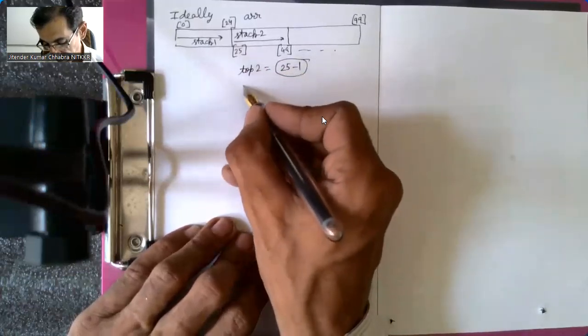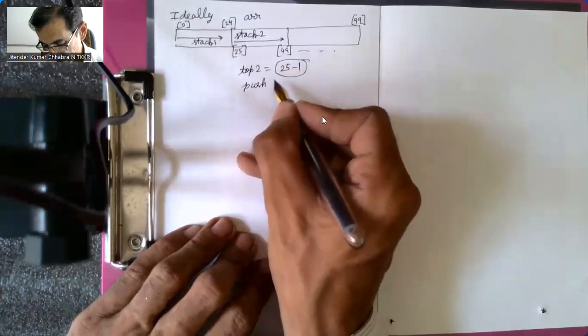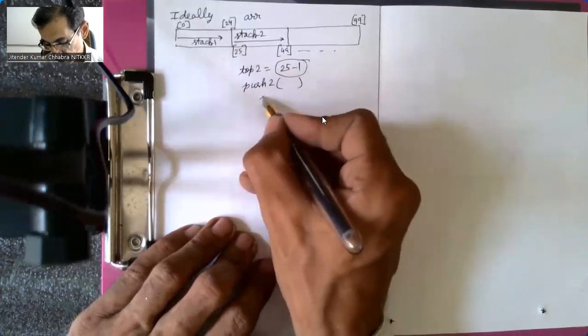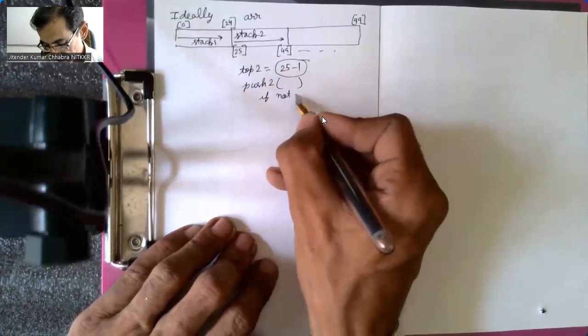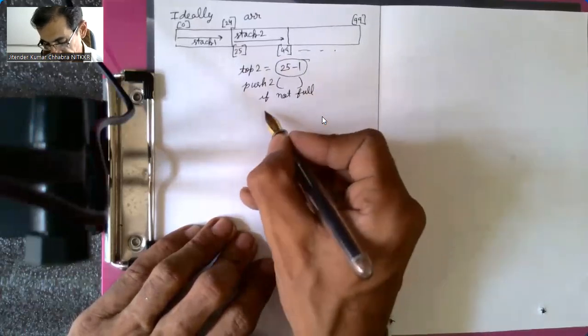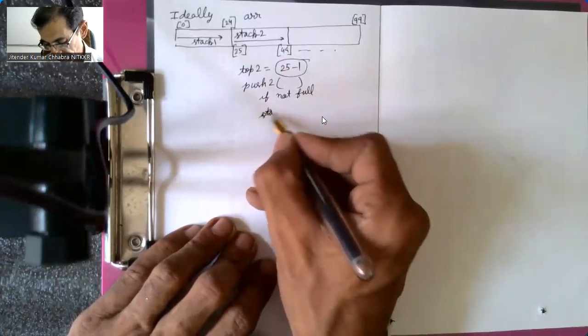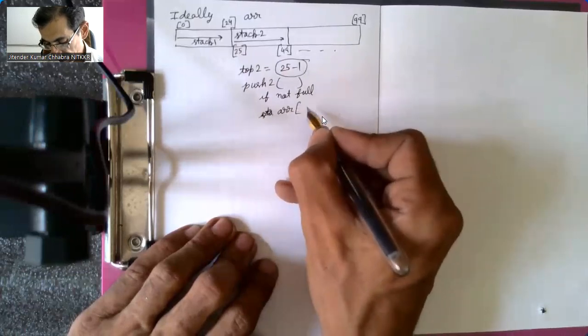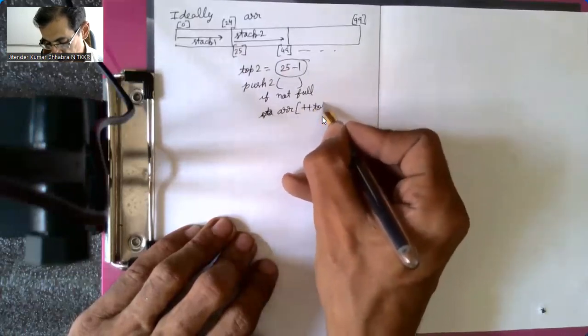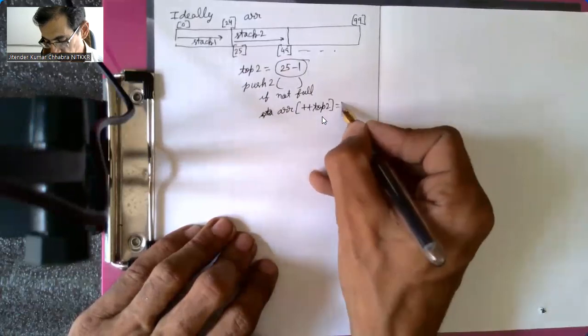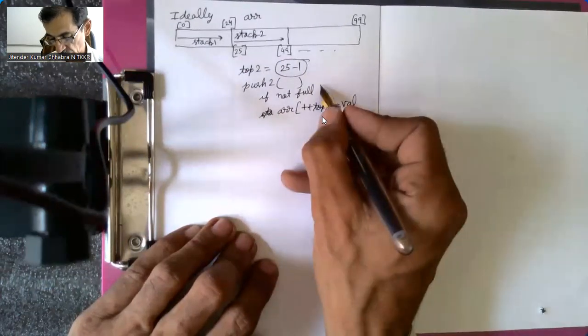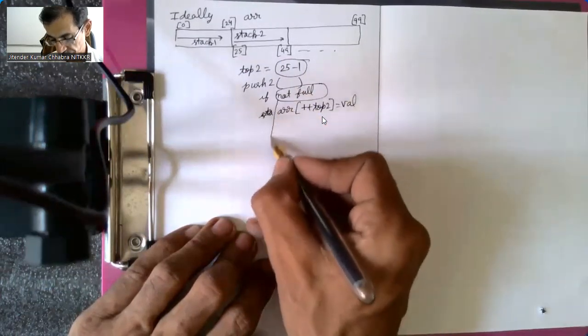And anytime my push 2 has to work, if not full, effectively nothing special to be done, I will say ARR plus top 2 equal to val. When will it be full?